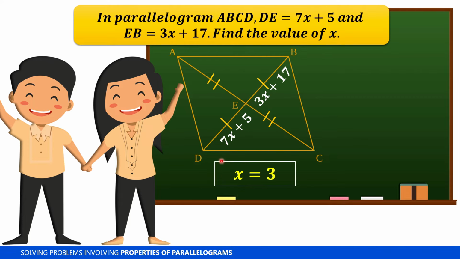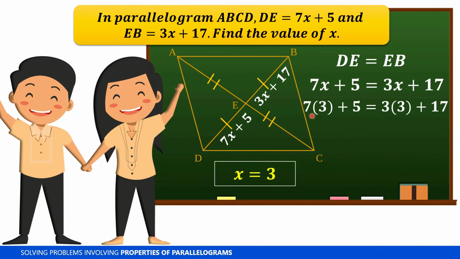Since segment DE is equal to segment EB, let's check if we're going to obtain equal measurements. If DE is 7x plus 5, let's substitute 3 for x here, so we have the product of 7 and 3 plus 5. And on this side, again, let's substitute 3 for x, so we have the product of 3 and 3 plus 17.